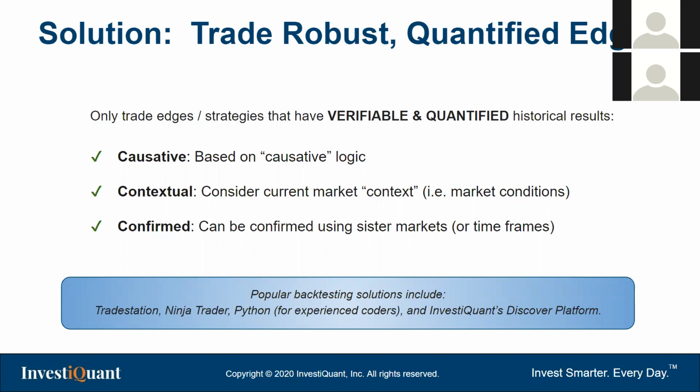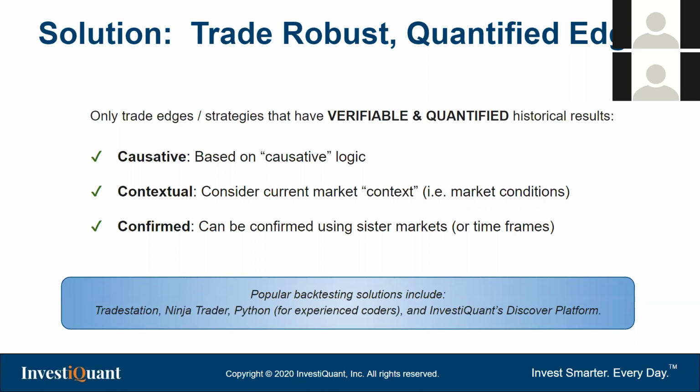And then also looking at the context, looking at is the market in a strong bullish trend, or is it a bearish trend, sideways range, whatever it is. But considering the market, does it work in that type of market, or is it just a bull market strategy? Is it something that works in all markets? Whatever, you need to be able to test the context of it and make sure that that is going to work as well.